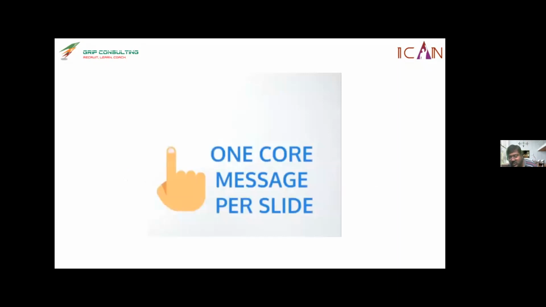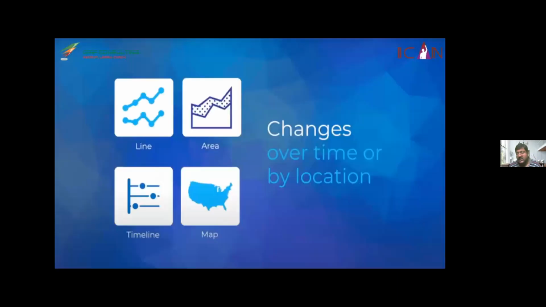So, core message, as we said. For this one, this is also another very beautiful way of putting things. Look at the color combination. It's not completely blue, but there are patches of blue, and in that, you see "changes over time or by location," as is mentioned.